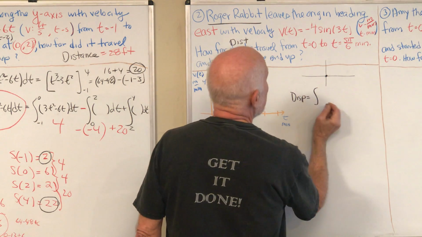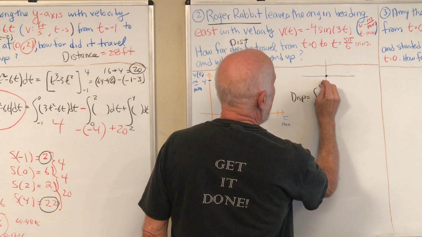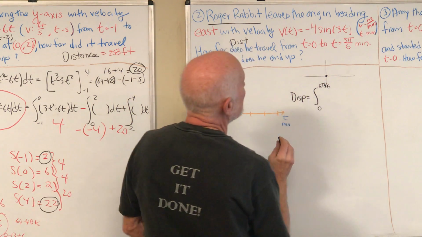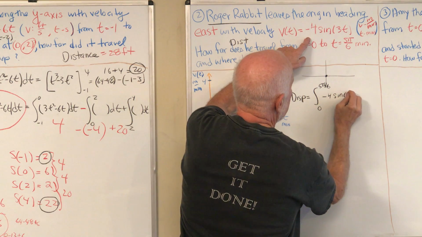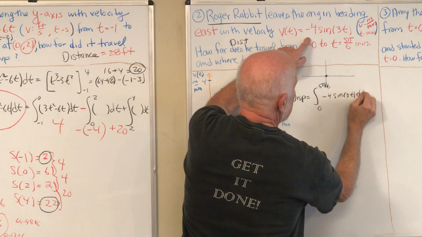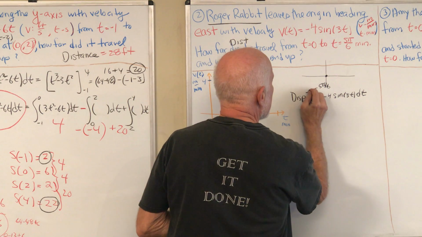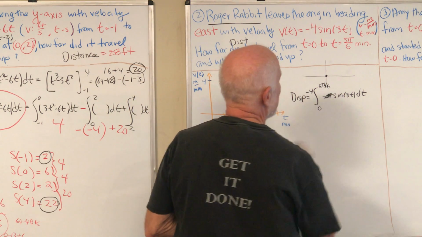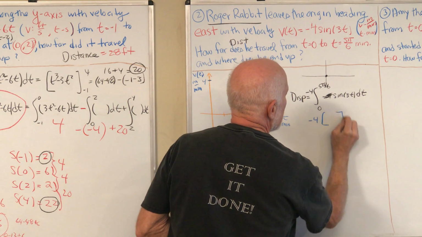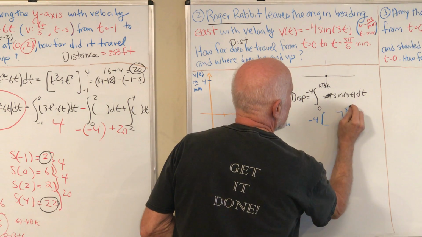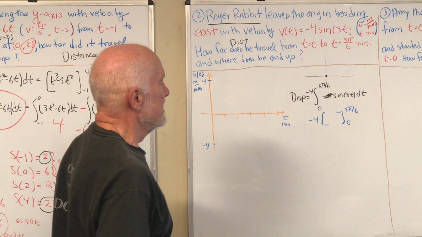The displacement would be the integral from time 0 to time 5 pi over 6, and v of t is negative 4 sine of 3t dt. And you could take the negative 4 right out front if you wanted to. So, what's the antiderivative of the sine of 3t?